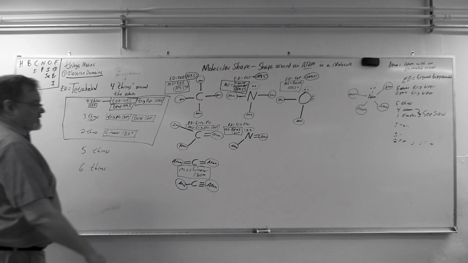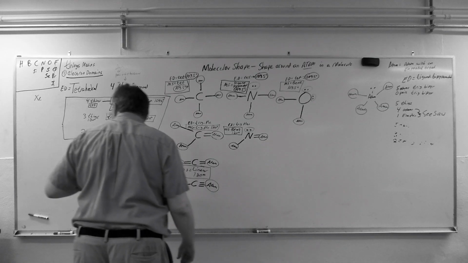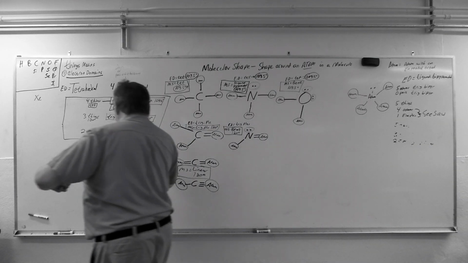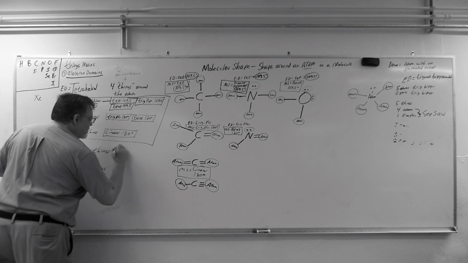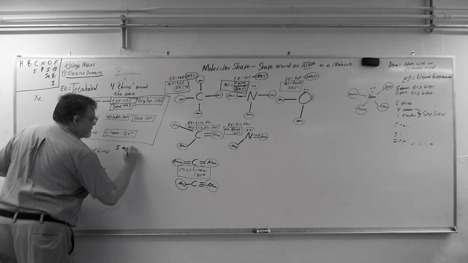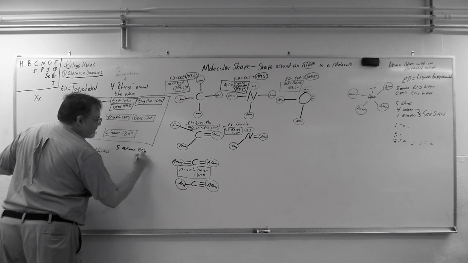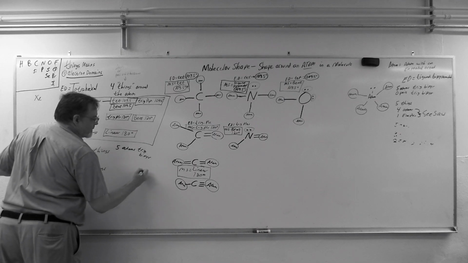So under 5 things we have 5 things. If it's 5 atoms, it's trigonal bipyramidal.